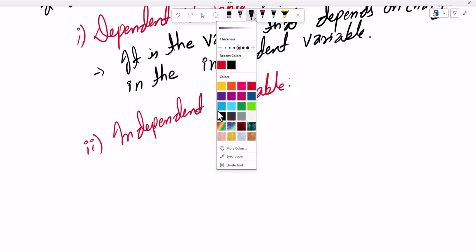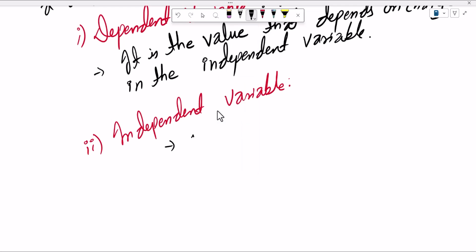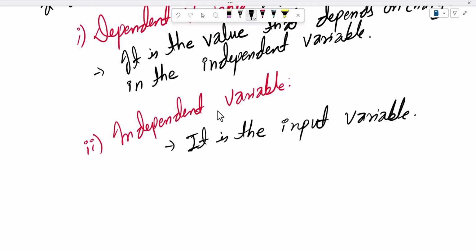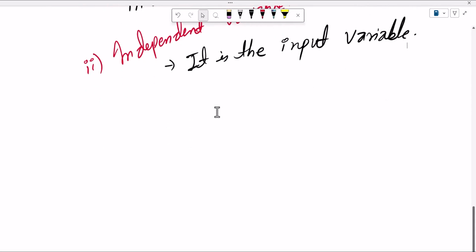Simply it is the input variable. Let's take the example of linear regression. You have the y-axis and the x-axis.